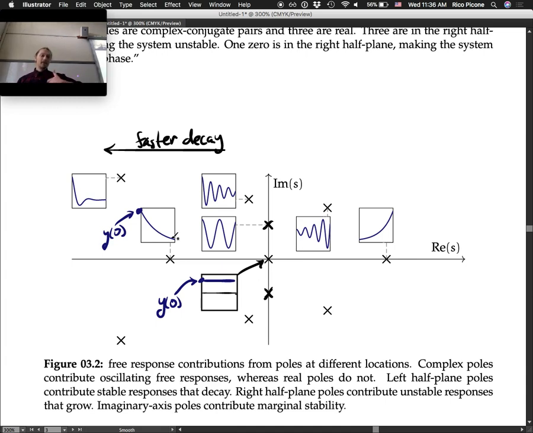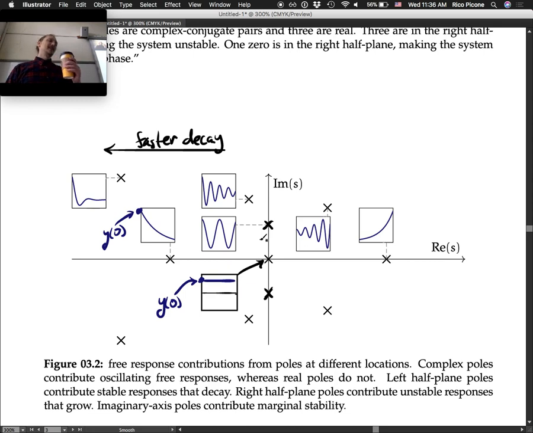But since you have a pole at the origin, when you start off at some initial condition, it just stays at that initial condition. And it doesn't change at all, which is kind of weird, but it is a total real thing that happens a lot.